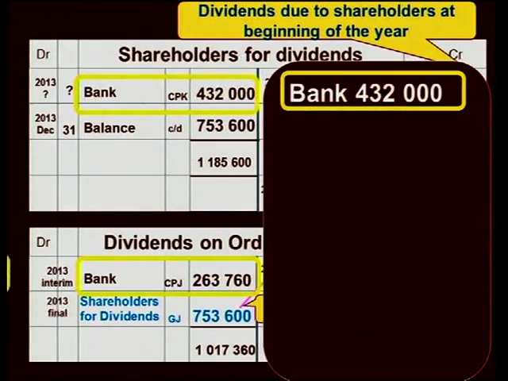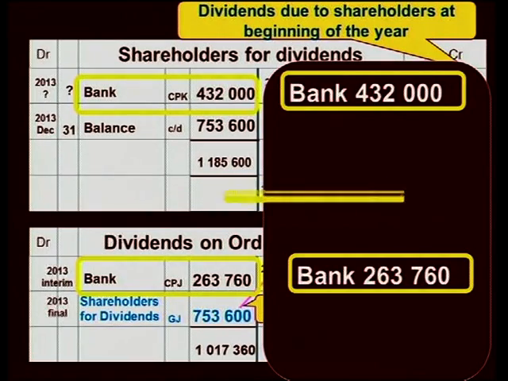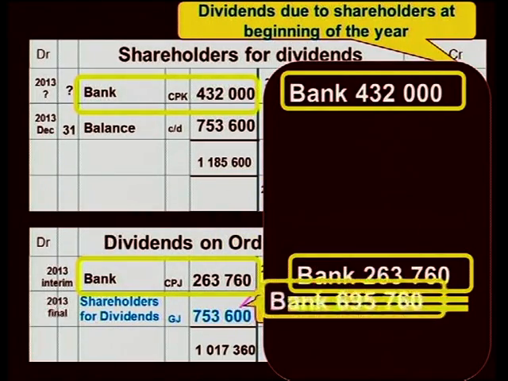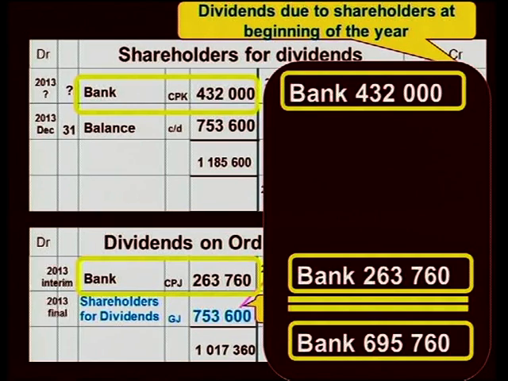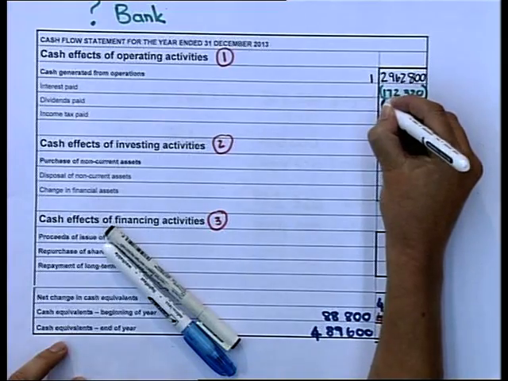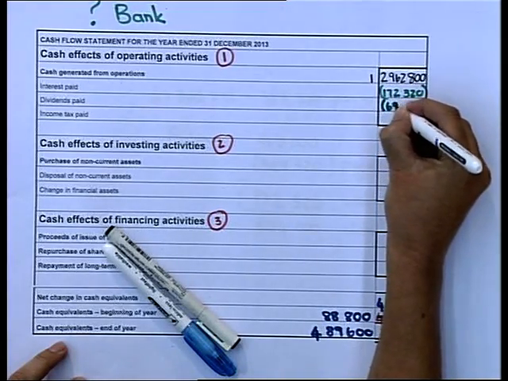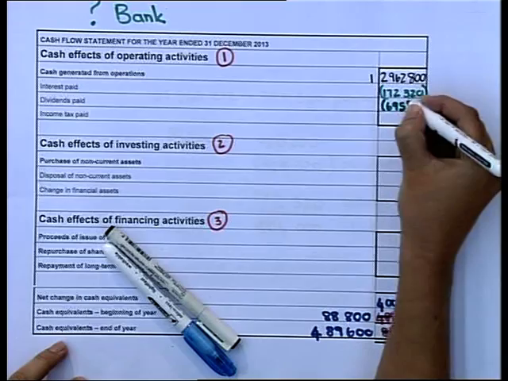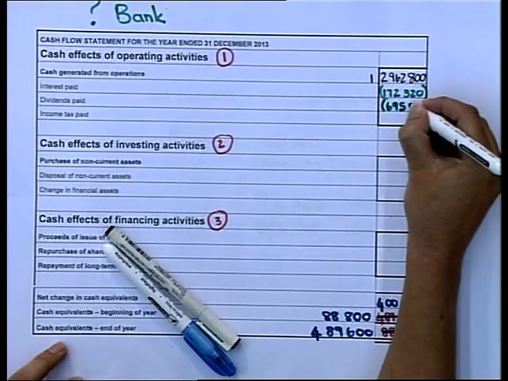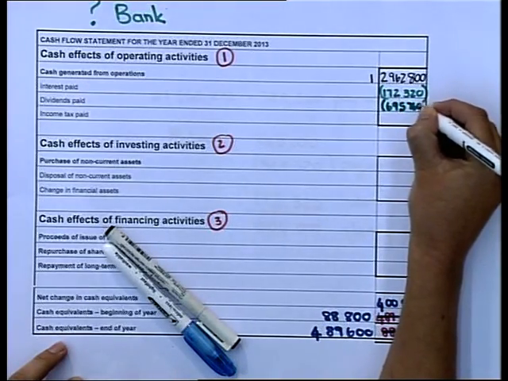So let's take that bank, and we take that bank, and we add it together, and we'll get to a cash outflow for dividends of 695,760. And that you can write in your cash flow statement.